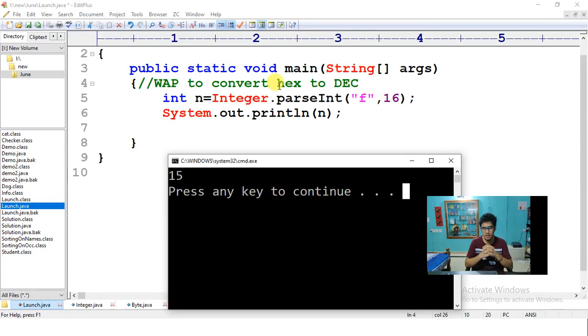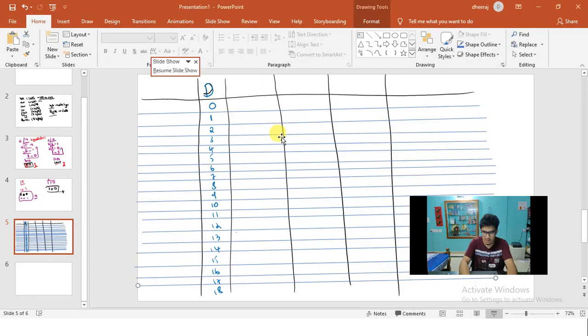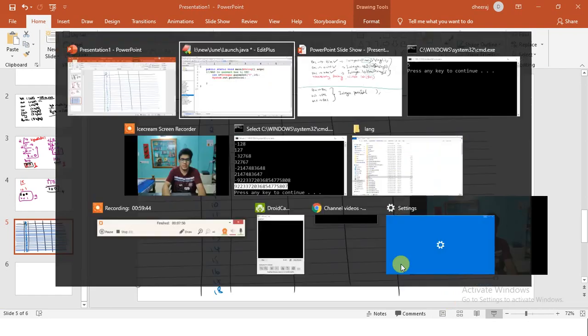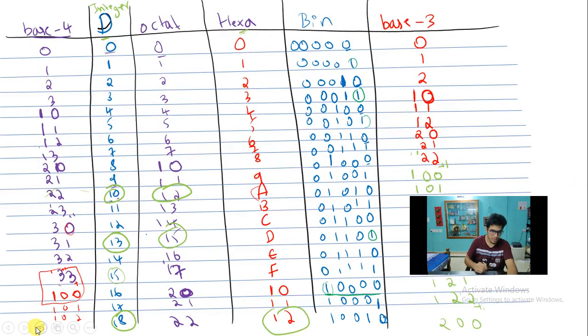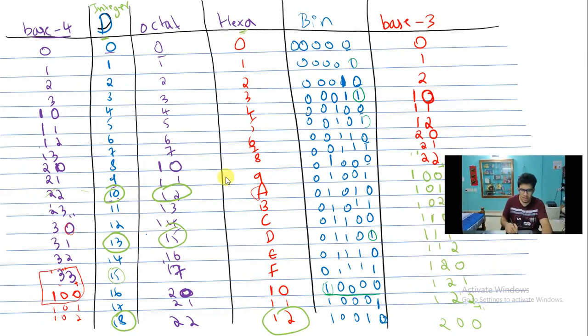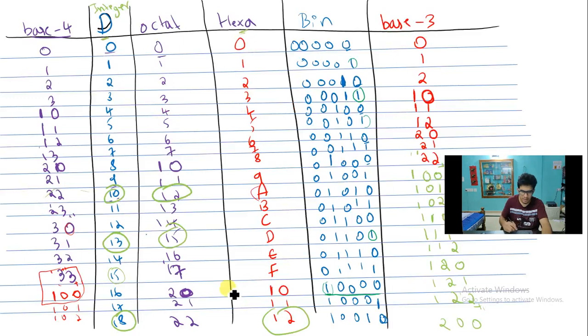Okay, so next we'll go for the next point, maybe a different example. So here in hexadecimal there is 11, right?